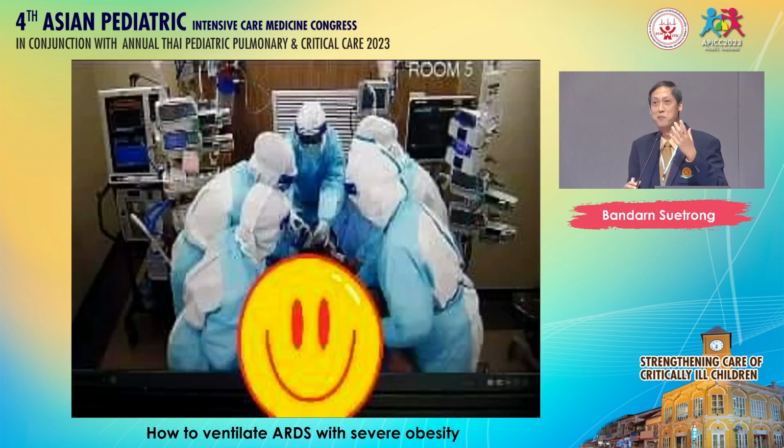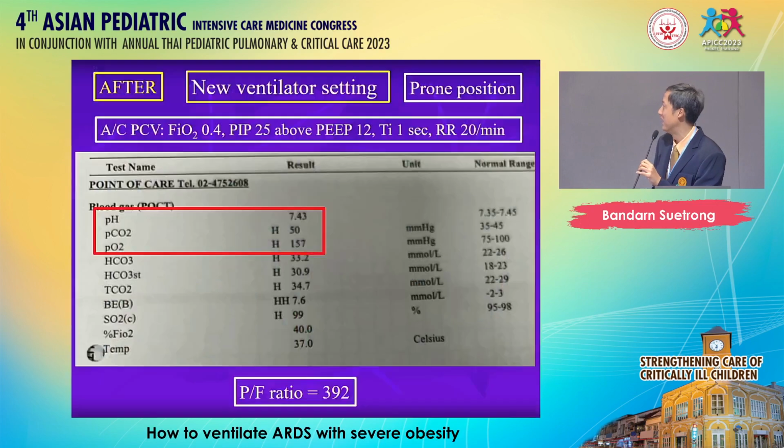So I proned the patient first, as soon as possible, standing at the head of the patient with my nursing staff and my resident. The second thing is I used the recruitment maneuver, and then I performed decremental PEEP titration, and I augmented the driving pressure as high as 25, and then I limited the tidal volume to 6 ml per kilo.